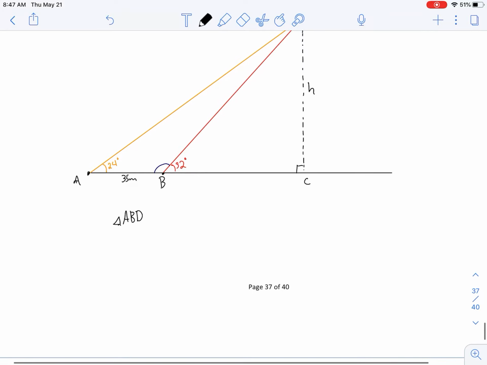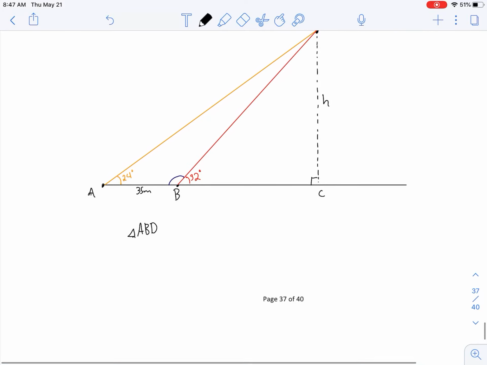We can figure out angle B to be 148 degrees, so angle B equals 148. I'll draw that right in there.